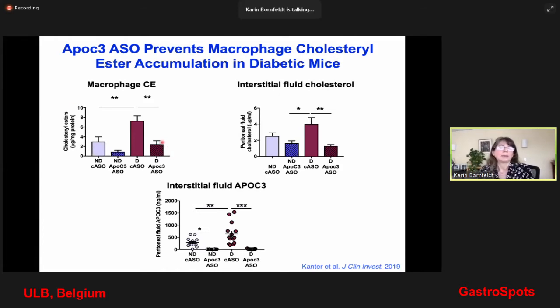And that again was normalized by ApoC3 antisense. That reflected the interstitial fluid cholesterol levels here, and also the interstitial fluid ApoC3. So probably in these interstitial spaces and maybe also in the lesion, cholesterol levels and ApoC3 levels can affect the cholesterol loading status of the macrophage.